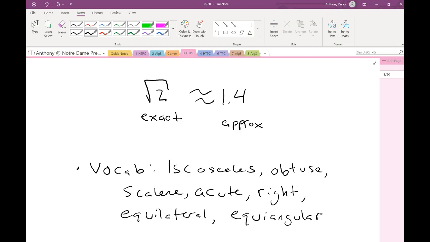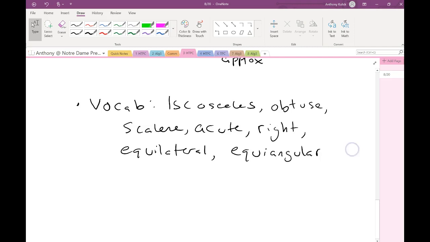Acute, all the angles are less than 90 degrees. Right means you have one 90-degree angle. Can you have more than one 90-degree angle? No, because the angles must add up to exactly 180 degrees, and you can't have a triangle with a 0-degree angle in it.